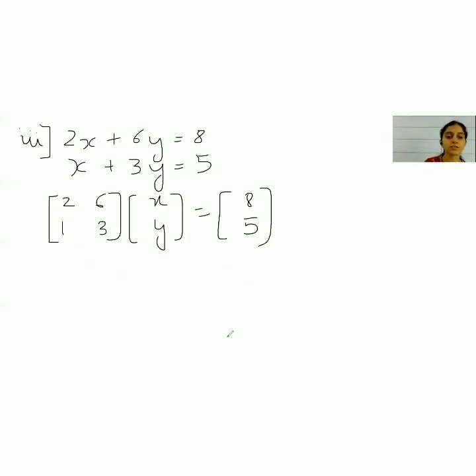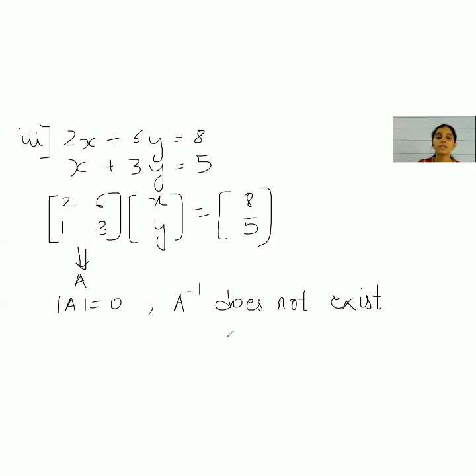But in this one, if you observe, what is the determinant of this first matrix? Let's check. This is A. So determinant of A will be 6 minus 6. So determinant of A is equal to 0. Then we can say that A inverse does not exist, first of all. So we cannot find it by the inverse method. You cannot find it by the reduction method either.